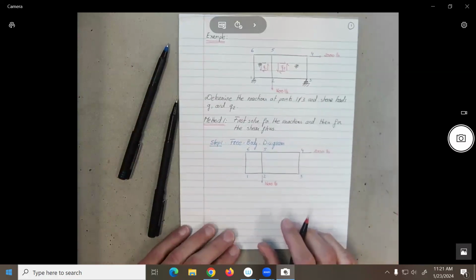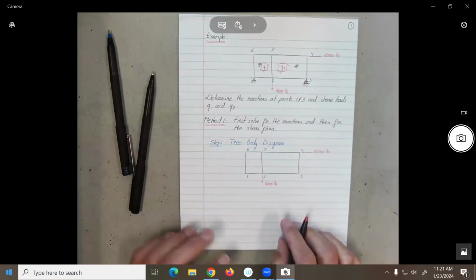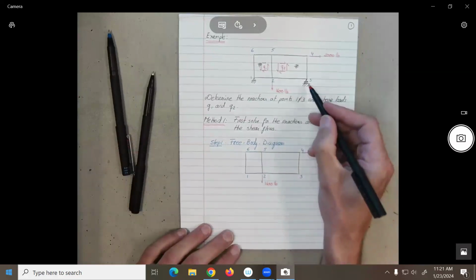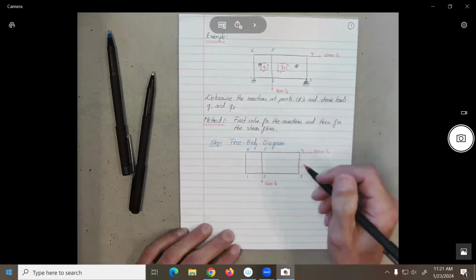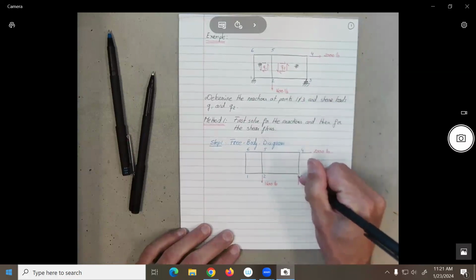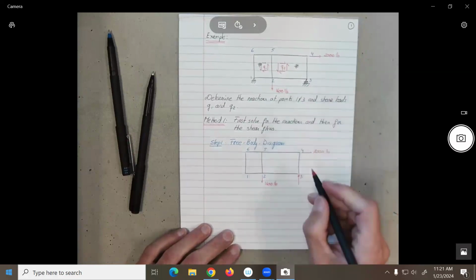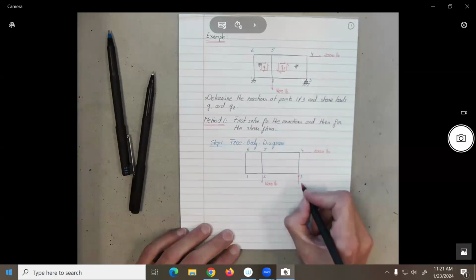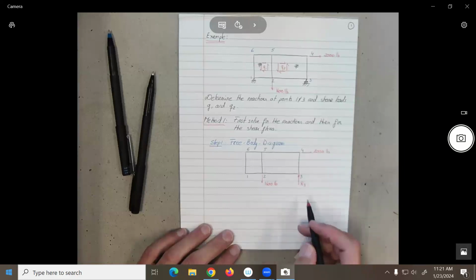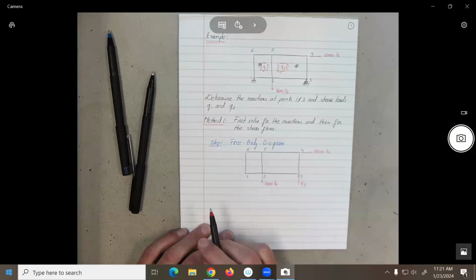Now, in order to find the reactions, what do we need? We need to remove the supports, and then what's going to happen? At point 3, since it's a roller, we're only going to have a reaction in the vertical direction, no?